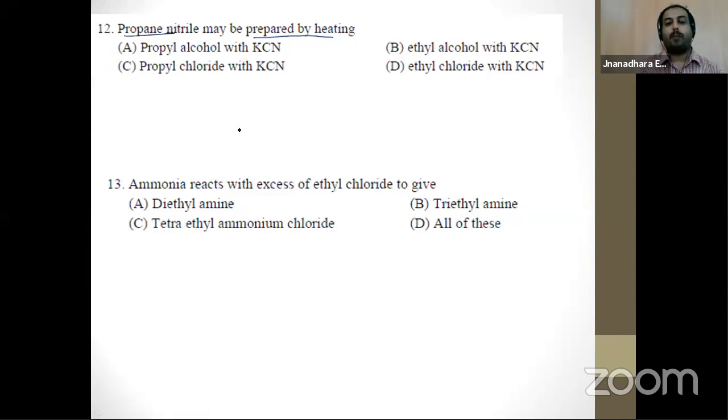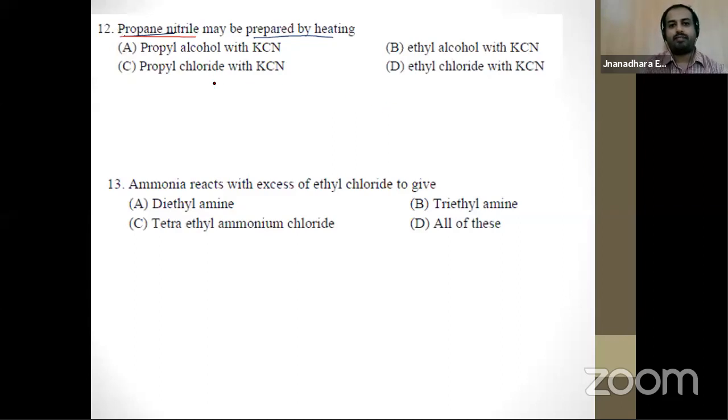Whenever you are naming organic compounds in which the functional group also has a carbon atom, please keep in mind, I repeat, don't ignore that carbon atom while numbering the chain or while considering the root word. So if the given compound is propane nitrile, the root word is prop.